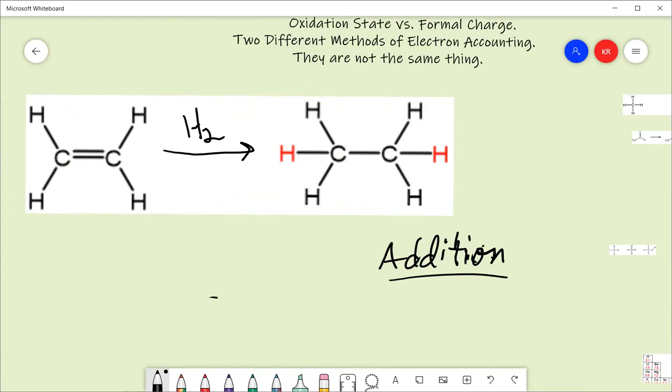It tells you nothing about the mechanism of that reaction. So you may recall that I also called this reaction a reduction. So how is it a reduction?